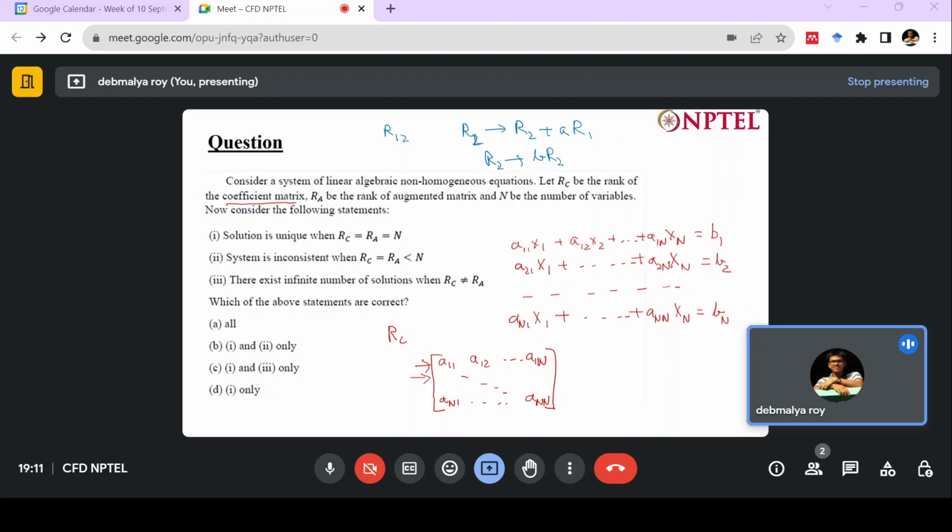Anything permissible in such elimination methods can be captured within these three row operations, which are what is allowed for any manipulation of this coefficient matrix.